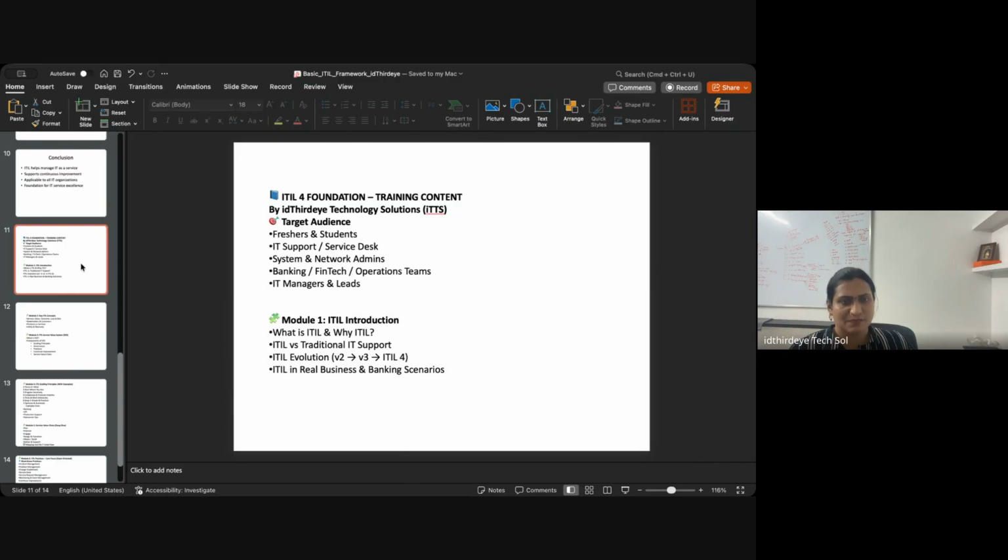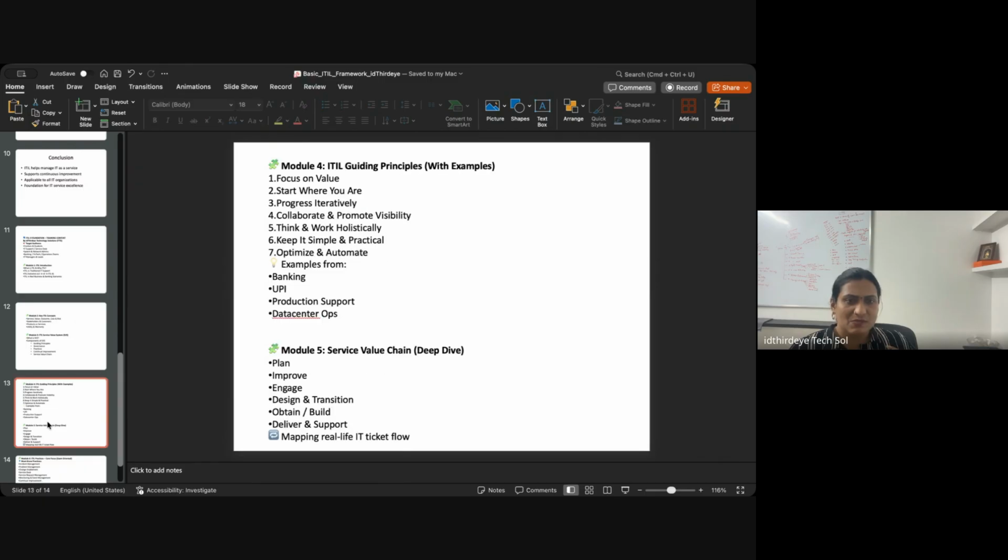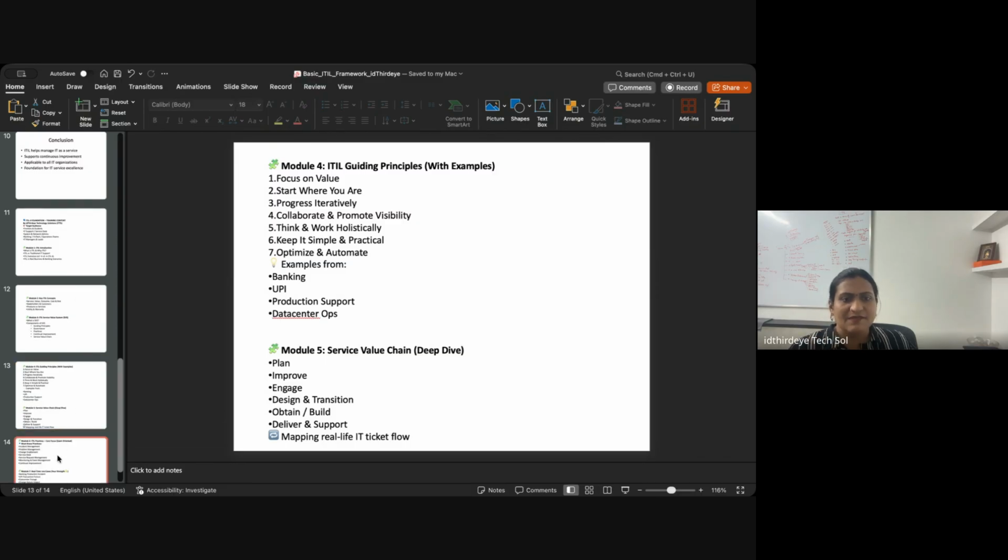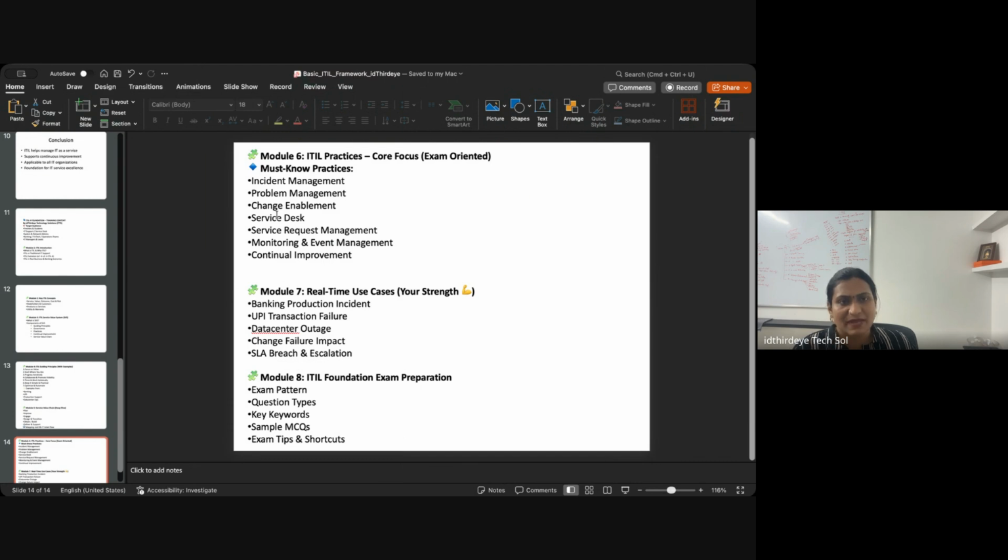Then the next class, probably I'll tell you how this ITIL, current version is 4. Okay, that's a foundation that we have. So how this module works, like what are the guiding principles, what are all these service desk, incident management, problem management, change management, where it comes in, how a service desk gets operated, what comes in as an incident, what comes in as a service request.